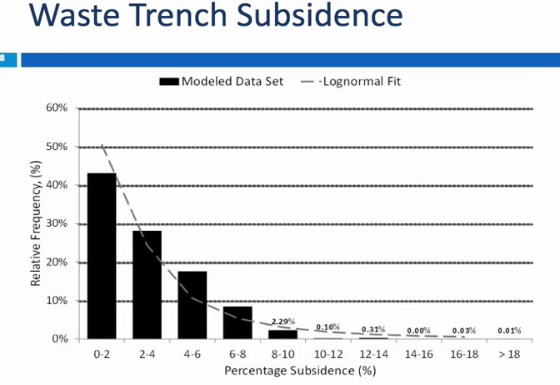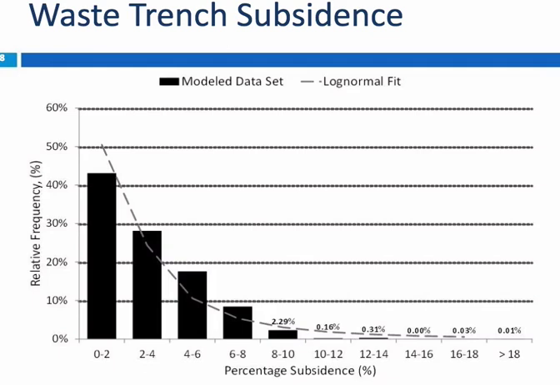What we're interested in is the occurrence of different amounts of subsidence over different areas across the site. And to condense a lot of work into a very small slide, it is possible to come up with a distribution that is sensitive to the kinds of waste, how far along in the process you are, and what kind of containers you're dealing with.